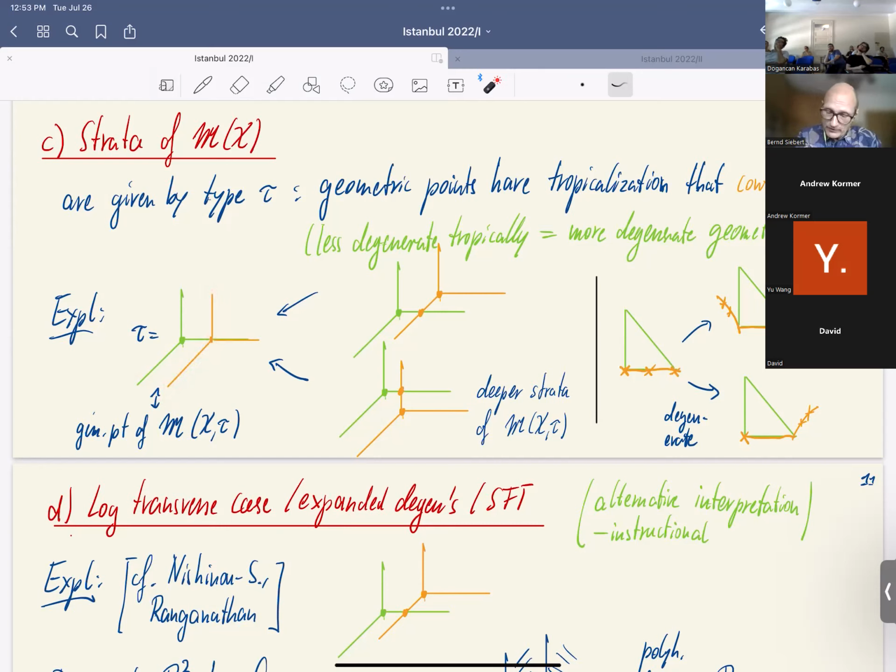Now, obviously, this point can move either to this side or that side, and you get a bubble, which could lie here, that would be this situation, or the bubble on the other side, which is this situation. So this notion of contraction of types tells you exactly what the strata are. For each type, you get a stratum of the moduli space.